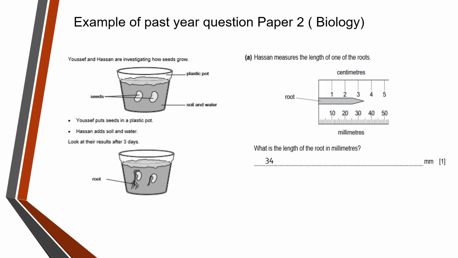If you read in between the range of 33 to 35, then your marks will be awarded. All right, so you read it correctly, you draw a line to the scale on the ruler, and you can identify it as 34.